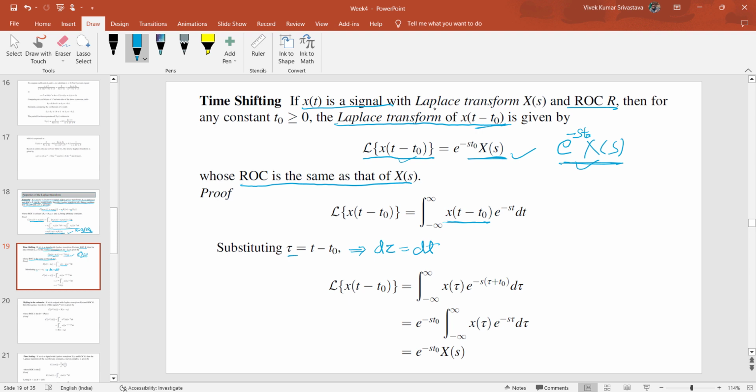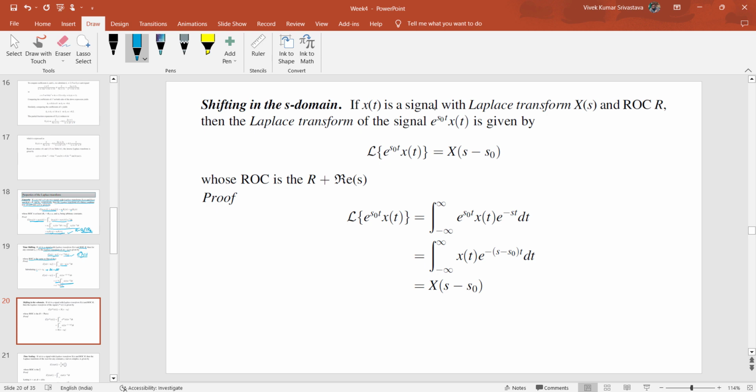From here we can take e raised to the power minus s t naught as common, and the remaining integral denotes the expression of the Laplace transform. So that's why we state that the Laplace transform of x of t minus t naught equals e raised to the power minus s t naught times X(s).